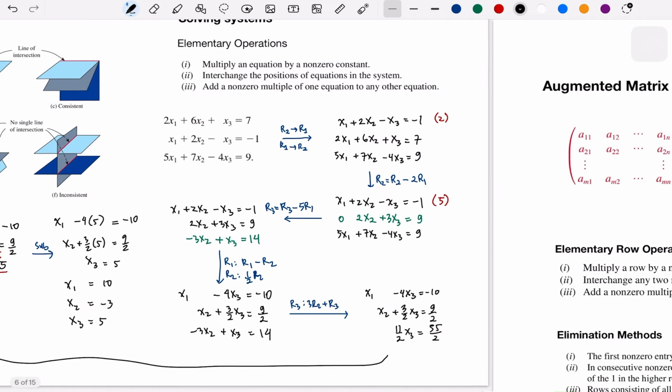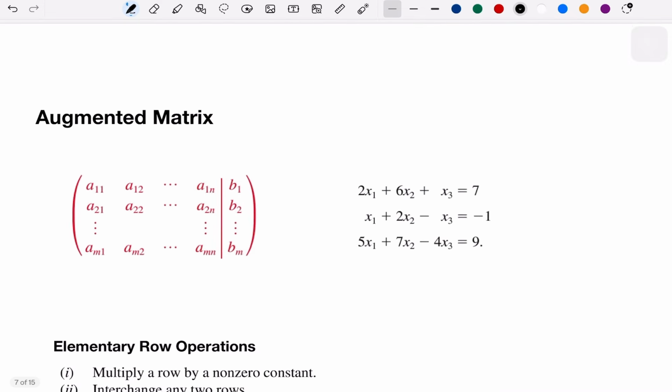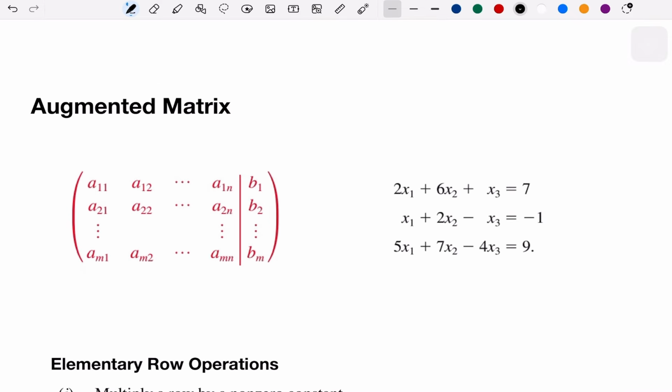Okay, so for example here, we could just write only the coefficients. However many rows you have, you just write them, and then this is the constant on the row. Okay? And as long as the system works, you could have as many as you want.